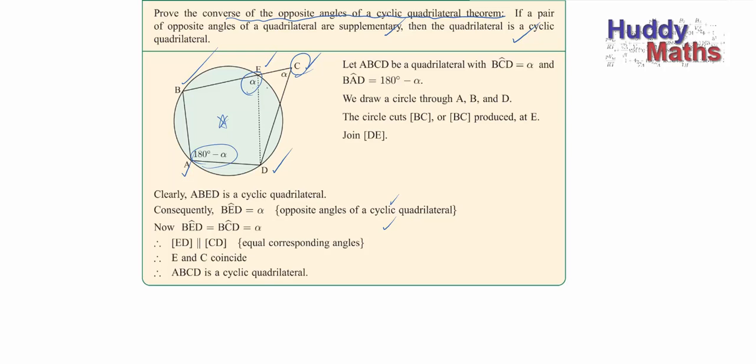Now, if you were to say ED, let's have a look at ED. ED is parallel to CD. Okay, if you make this alpha and say, well, okay, that's alpha, then they would be corresponding angles, and E and C would have to coincide.